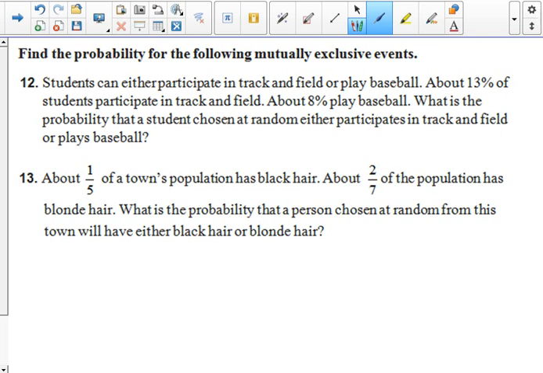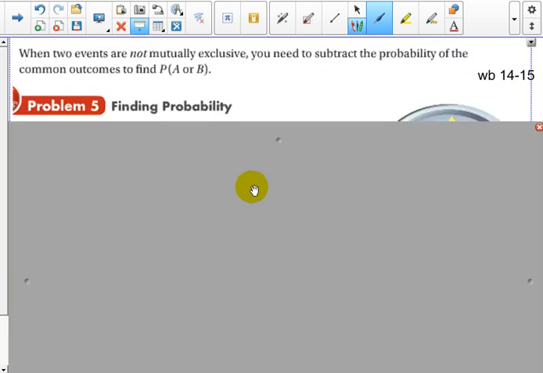So 4 is number 9. So number 9 is like this. Suppose S and T are mutually exclusive. Find P of S or T. So they give you 36% and 20%. Right. So what are you going to do with those? Add them.